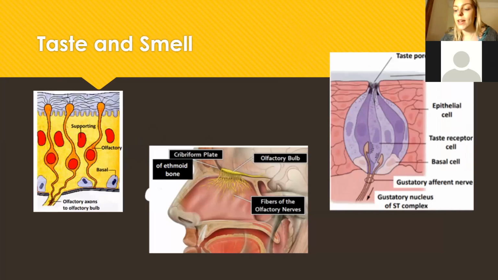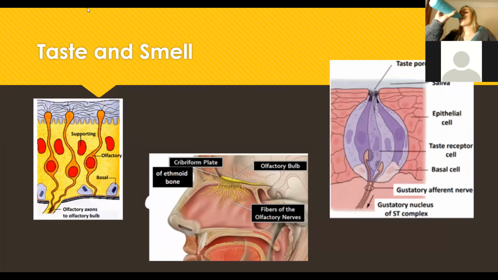Cool, okay. Taste and smell. For the last time in today's lecture, if you just have a look at the 3 images and have a think about what comes to mind. Okay.